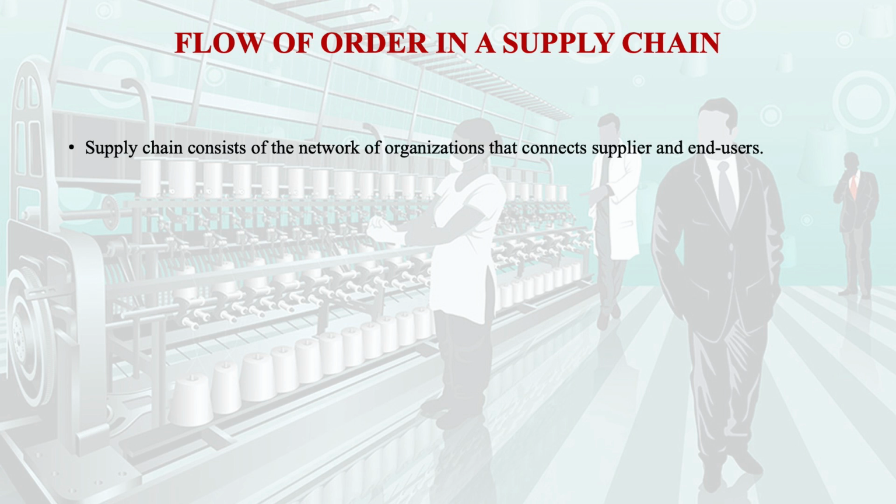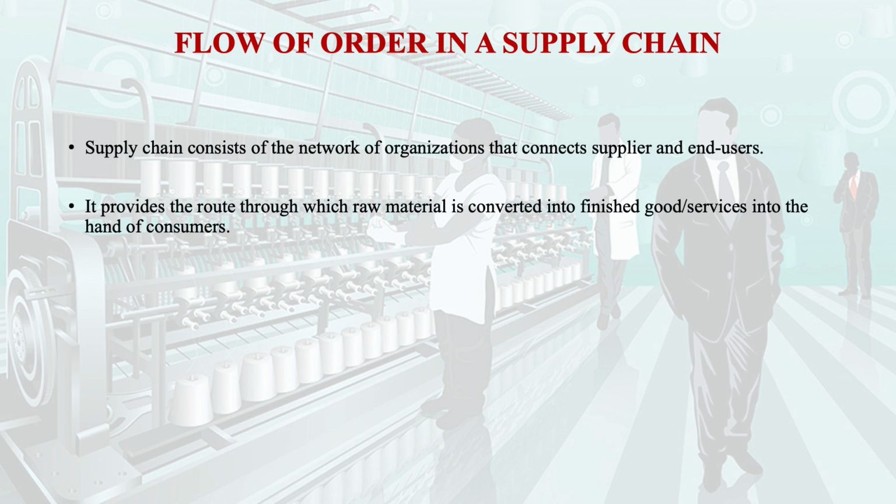Now, what is meant by flow of order in a supply chain? As per the definition, a supply chain consists of the network of organizations that connects the supplier and the end user. The end user may be the distributor and may be the end customer.